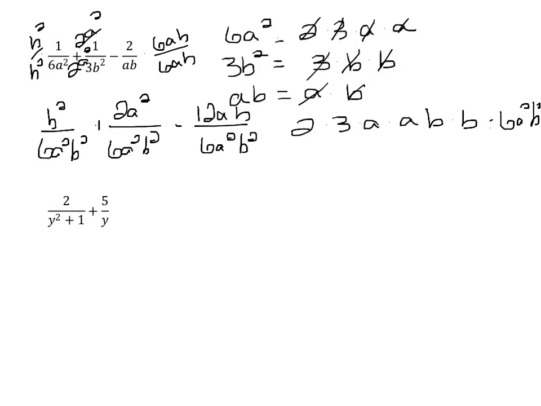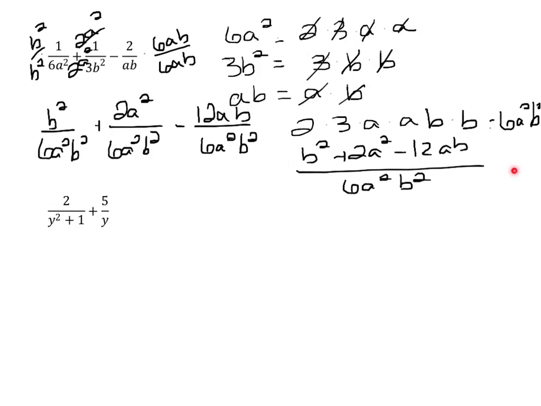When I combine these, I end up with b squared plus 2a squared minus 12ab over 6a squared b squared. This numerator can't be factored, nothing can be canceled out, so that's the final answer.